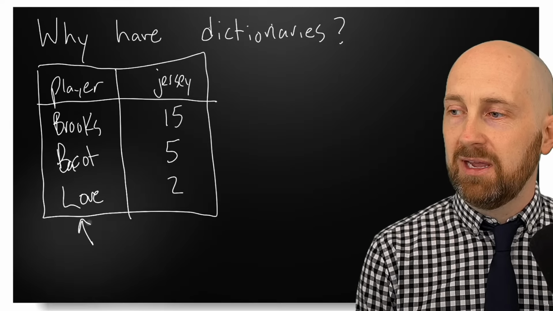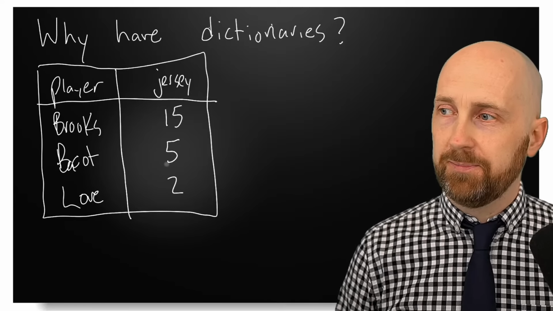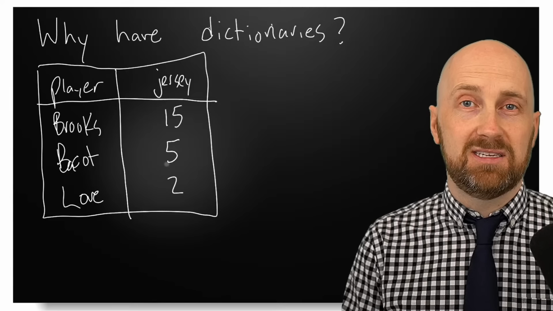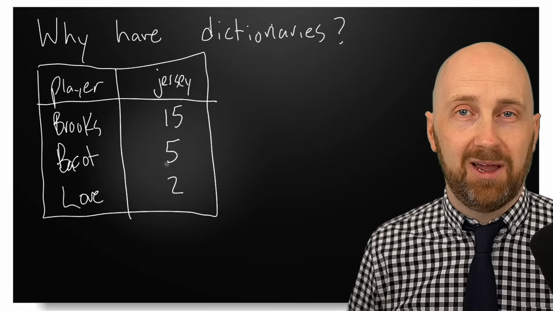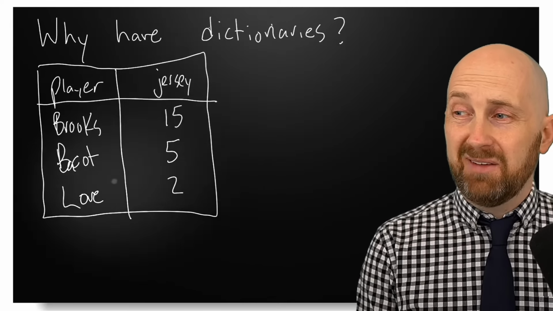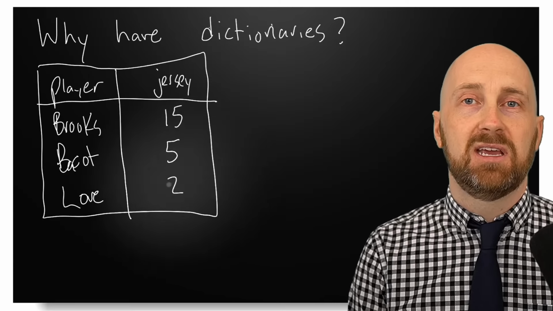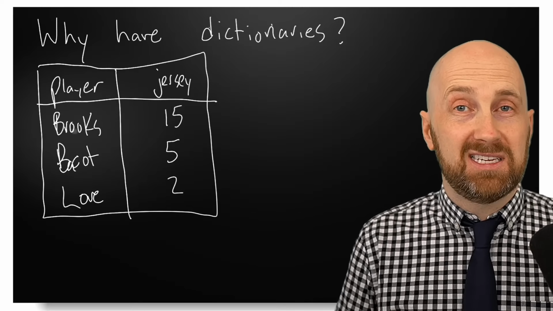This would be pretty cumbersome to try and model in our programs as we've written them so far, right? Because lists are organized by indices that start from 0 and work their way up. So you could maybe imagine having 2 lists, right? One is a list of players, another is a list of jerseys, and they're organized in the same way, right?